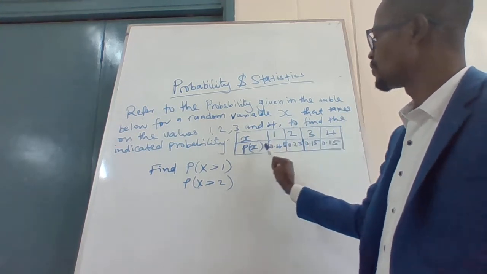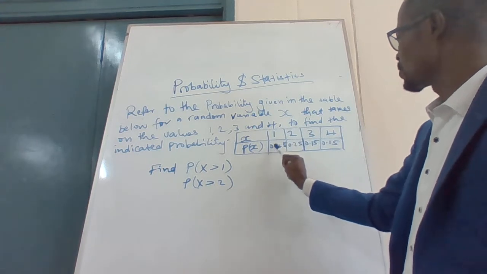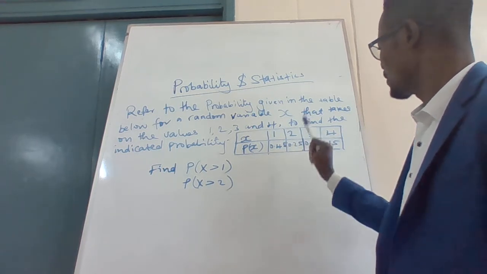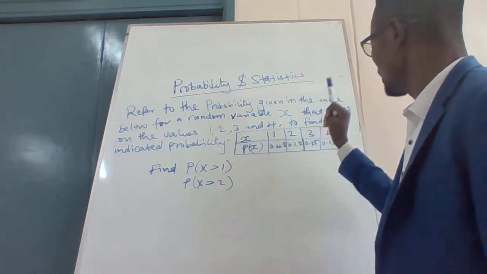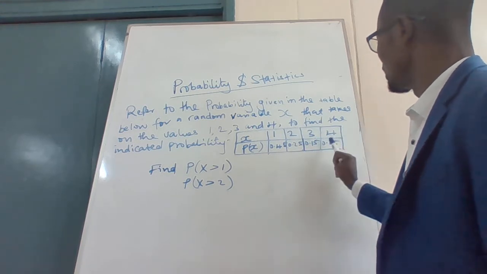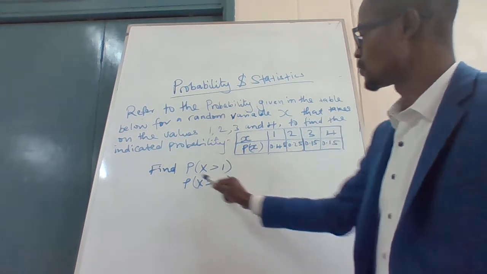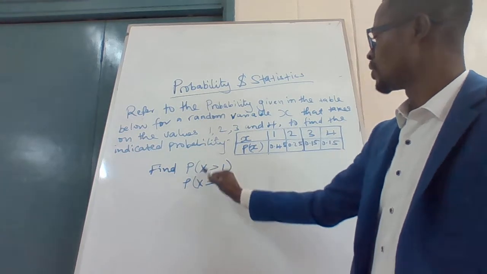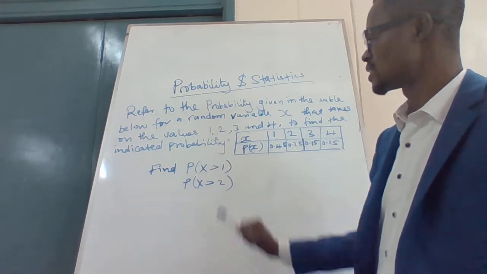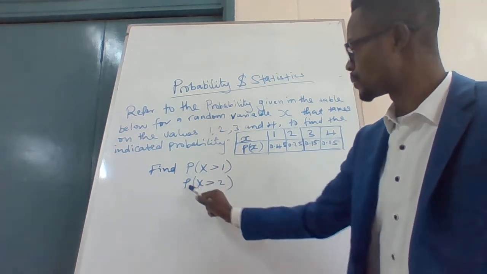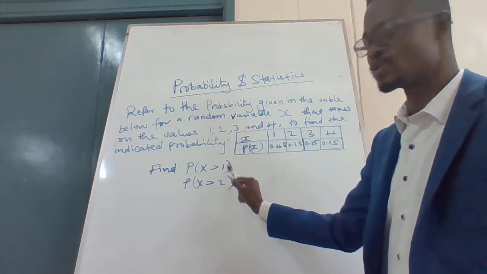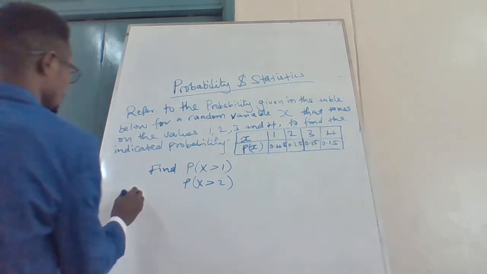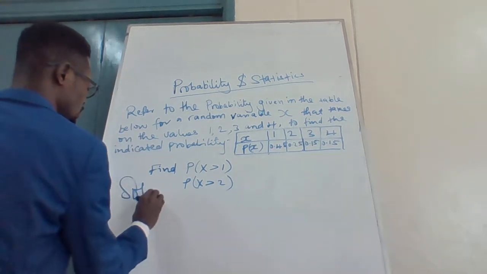And the probability of x is indicated as 0.45, 0.25, 0.15, and 0.15. So we have to find the probability of x when x is greater than 1, and to find the probability of x when x is also greater than 2. So what are you supposed to do? So let us find the solutions.